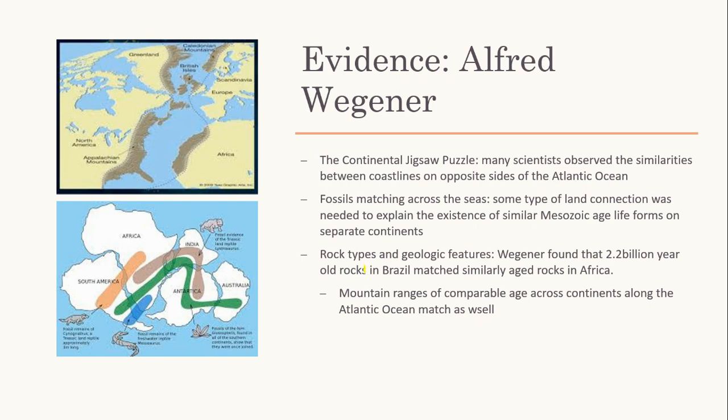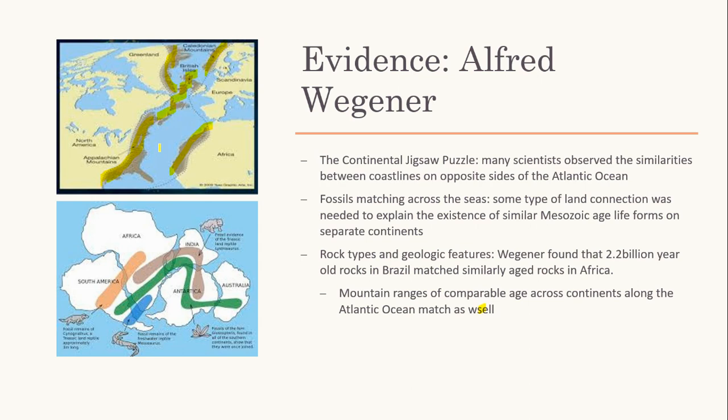We also notice that mountain ranges of comparable age across continents along the Atlantic Ocean match as well. And I can't spell, I should say as well. So we have the Appalachian Mountains here along our east coast, and these match up with the mountain ranges in Greenland and across Scandinavia and the British Isles and the west coast of Africa.